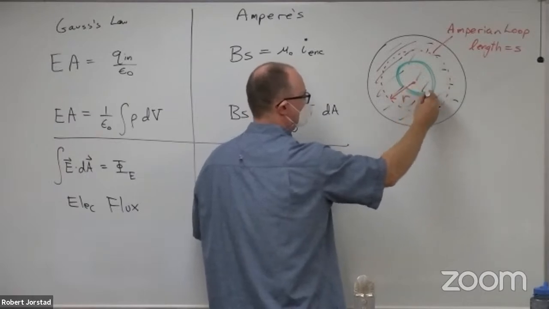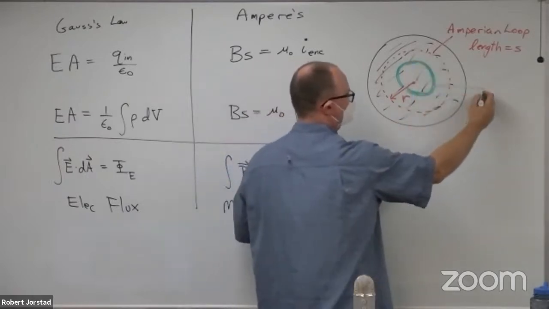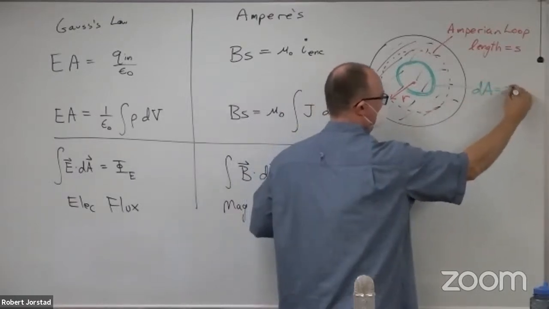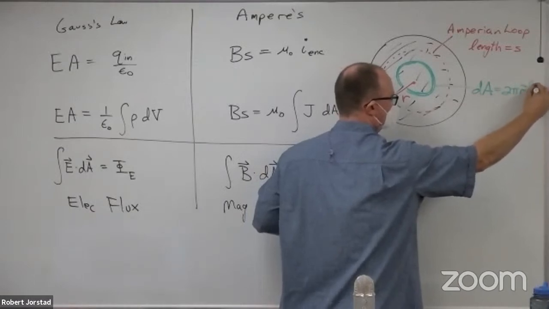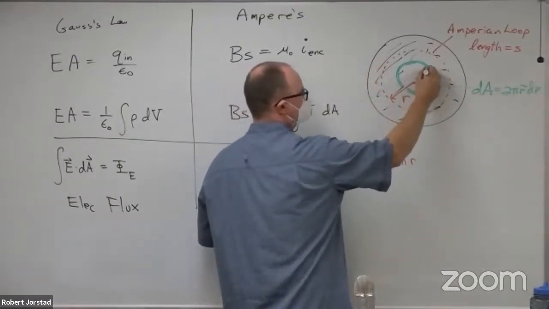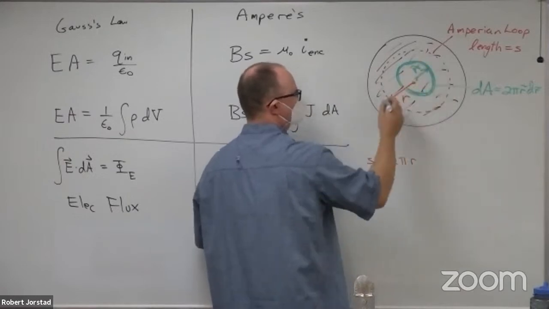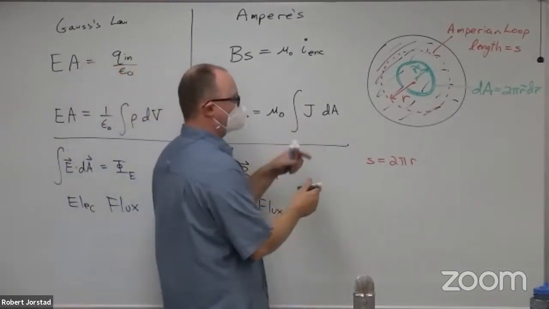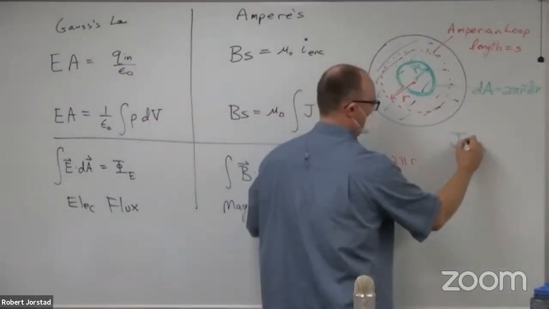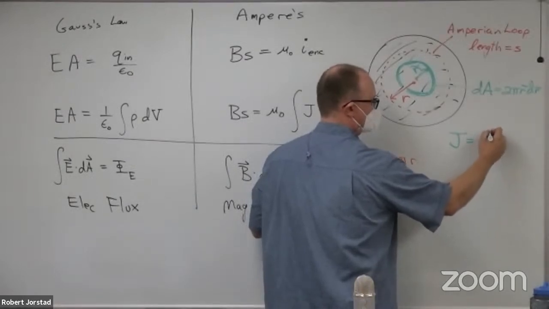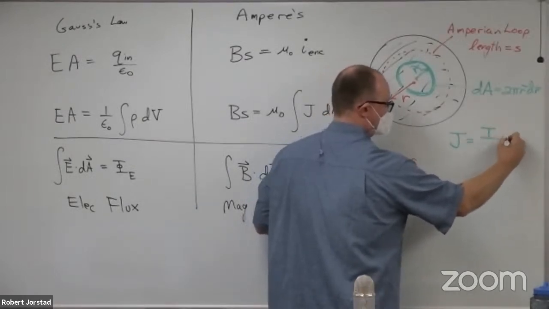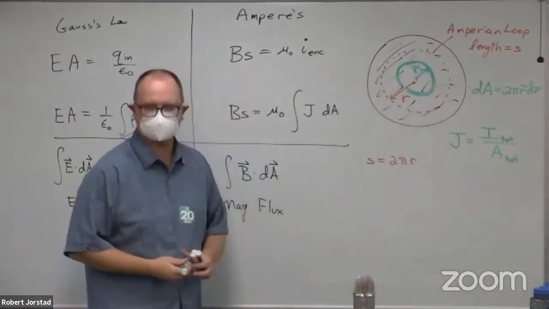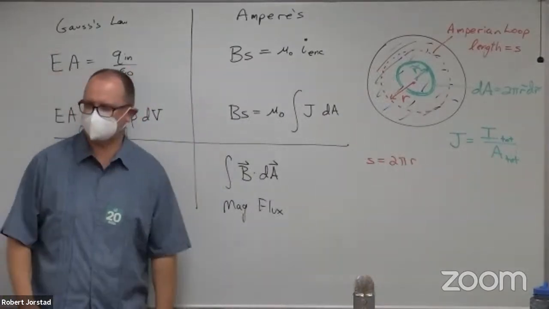Remember this? And the idea is, here, the area of the shell, dA, would equal 2 pi r twiddle dr twiddle, where this distance here is r twiddle. This is like the least centered circle. But then you could just turn the crank and J, does anybody remember how you figure out J? I total over area total. And there's Ampere's law. We've in theory covered it now.